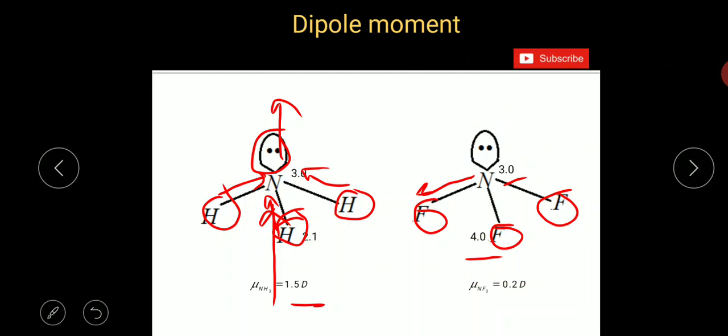But in NF3, the net dipole moment of the three NF bonds and the lone pair dipole moment are in opposite directions, so there is some cancellation. In NH3, there is addition of the dipole moments of the NH bonds and the lone pair. So the dipole moment of ammonia is greater than that of NF3.